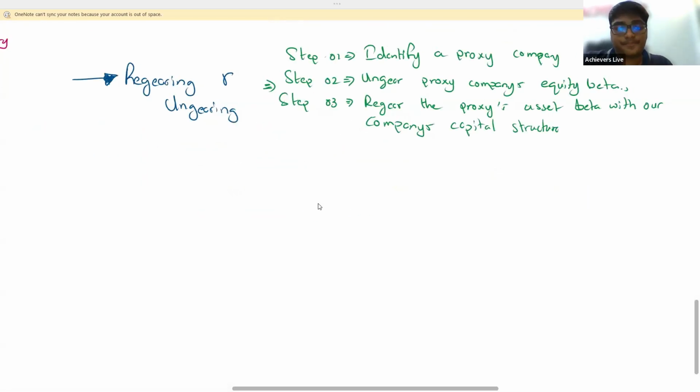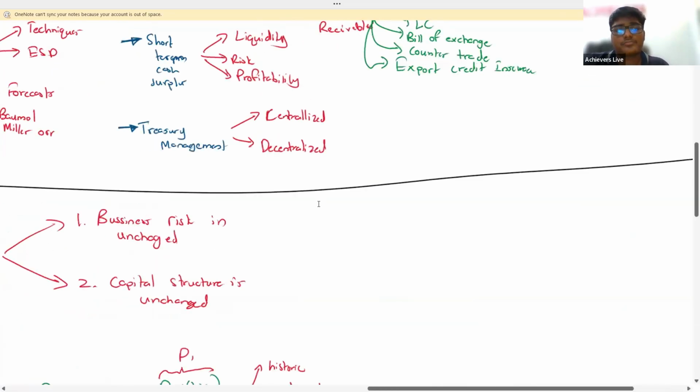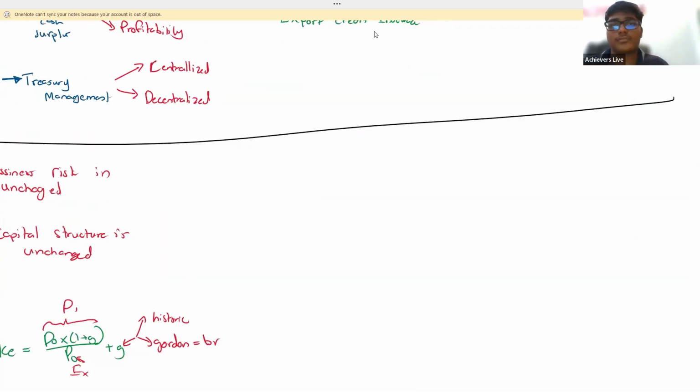Next, we looked at the financial ratios. I'm not going to go into it because it is very simple stuff, but just remember there were financial ratios also.